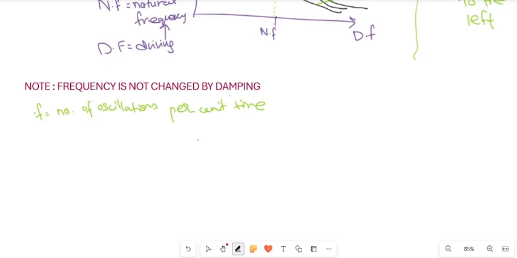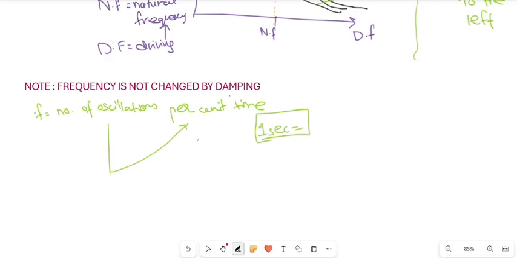Now let's say you have a swing, and when you're on a swing you start off like this, then you go back. Let's say it takes 1 second to go from here and then come back. Initially 1 second is taken and the amplitude is very great, but over time with resistive forces, you'll notice how the swing gradually dies out and gets slower and slower.